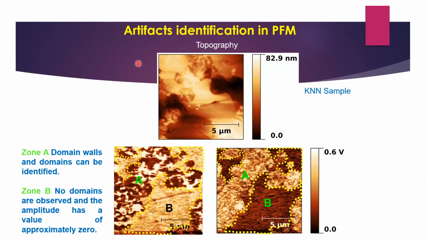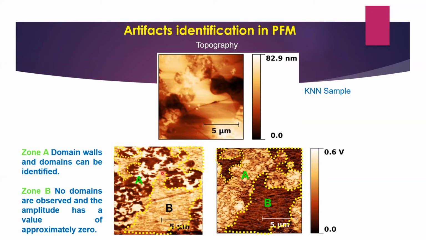And this is an example of how to identify artifacts in PFM. We have a KNN sample, and we measure the PFM, the phase and the amplitude, and we can see that there are two zones or two regions.